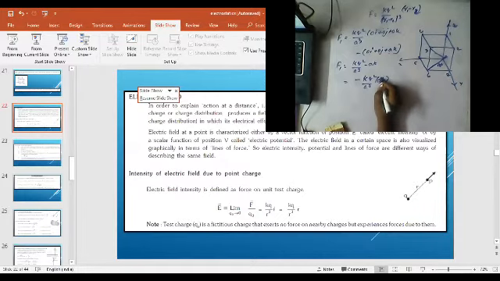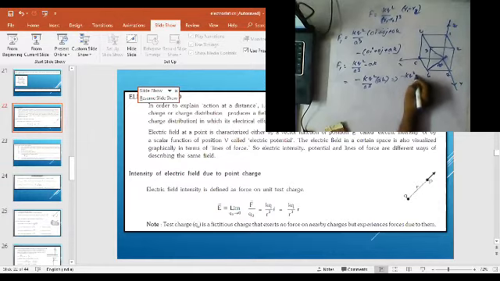Here a and a will get cancelled, and ultimately F1 is equal to minus KQ squared k by a squared.